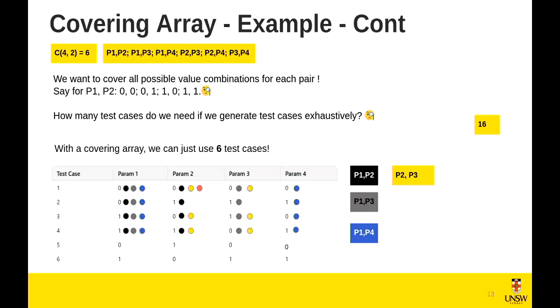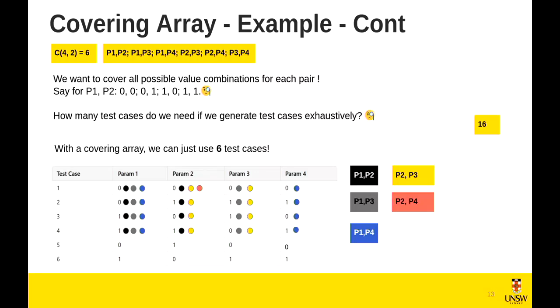Sorry, 0, 1 could be 6 or 3, and 1, 0 could be 4. And what about 1, 1? 2, yeah. So far we only used 4 test cases to cover all the pairs.